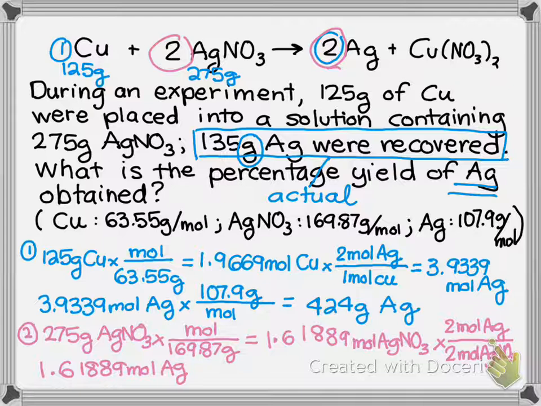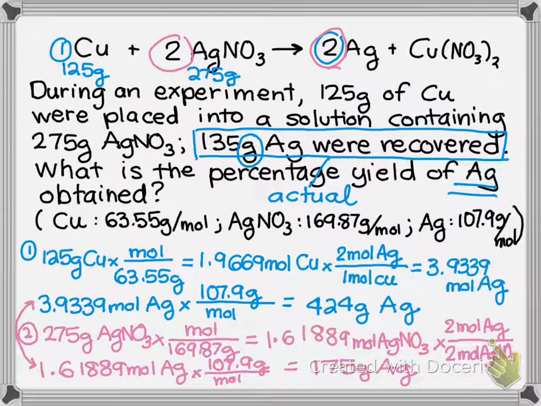Now, comparing these two numbers of silver, I can see that the silver nitrate's limiting because it gives me fewer moles. But I need to go all the way to grams anyway because that's what I need for the problem. And I get, to three significant figures, 175 grams of silver.